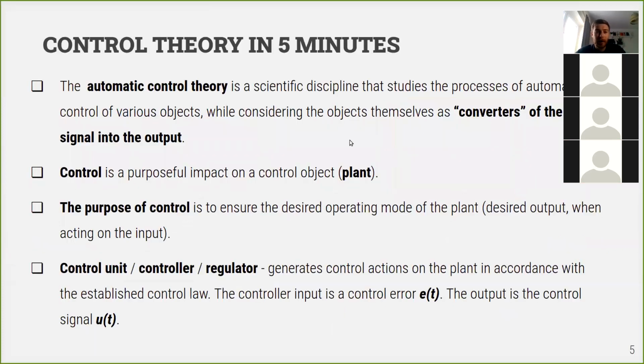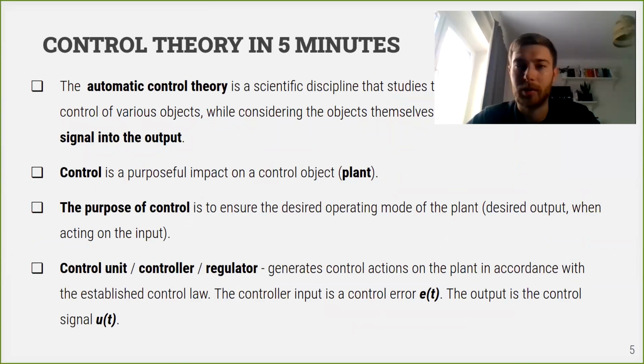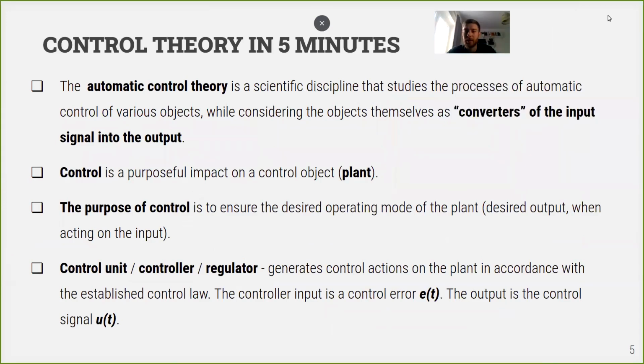So, trying to describe control theory really shortly. I don't know if you had control courses before, so we will try to start from the very basics. Automatic control theory is a scientific discipline that studies the process of control of various objects. And objects are usually considered as a black box.